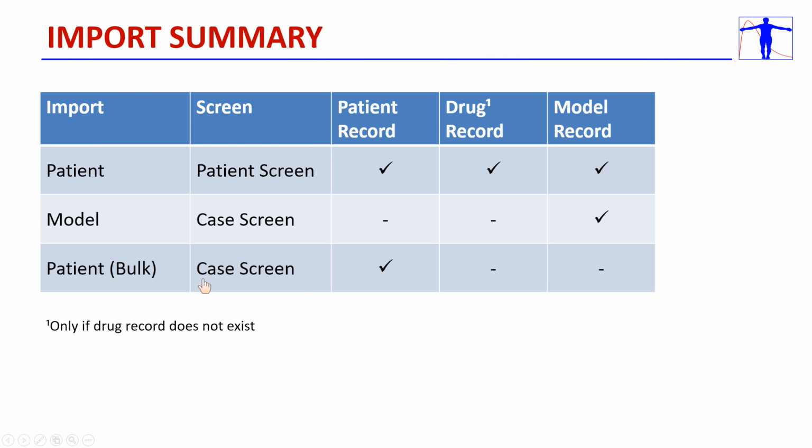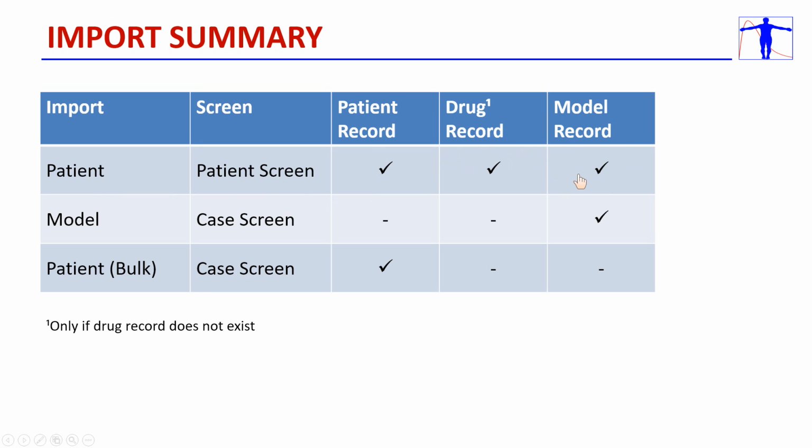So in summary, about import. If you import a patient, you do this in the patient screen, and you automatically get the patient record, the drug record, and the model record. But usually the drug record is already there.